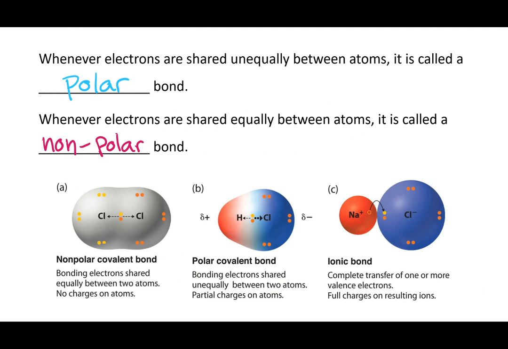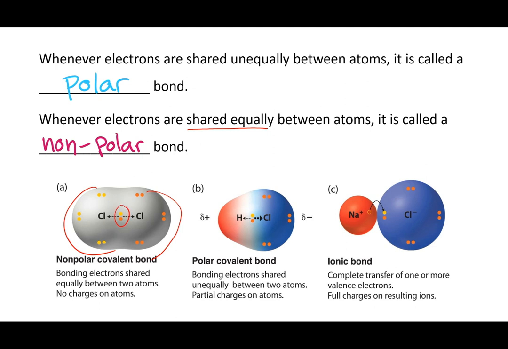Okay, so whenever electrons are shared unequally between atoms, it's called a polar bond. Whenever electrons are shared equally between atoms, it's called a nonpolar bond. When they're shared equally, that means there's no electronegativity difference. As we can see here with Cl2, each chlorine is equally as strong as the other, so it's a nonpolar covalent bond.